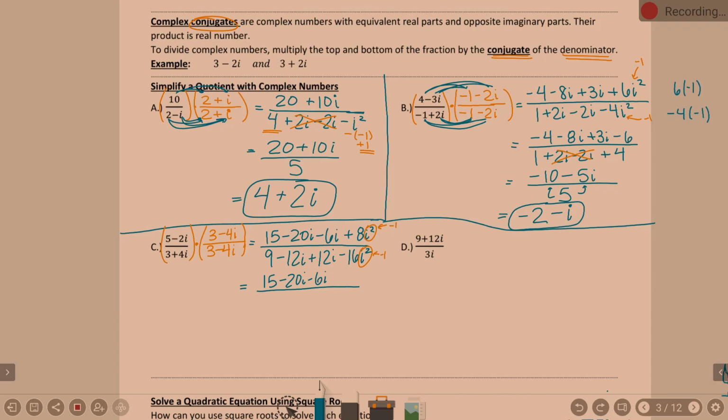Negative 8, because it's 8 times negative 1, right? Denominator, 9 minus 12i plus 12i. What about minus 16i squared? Becomes plus 16, right? Because it's minus 16 times negative 1, and that becomes plus 16. Good.